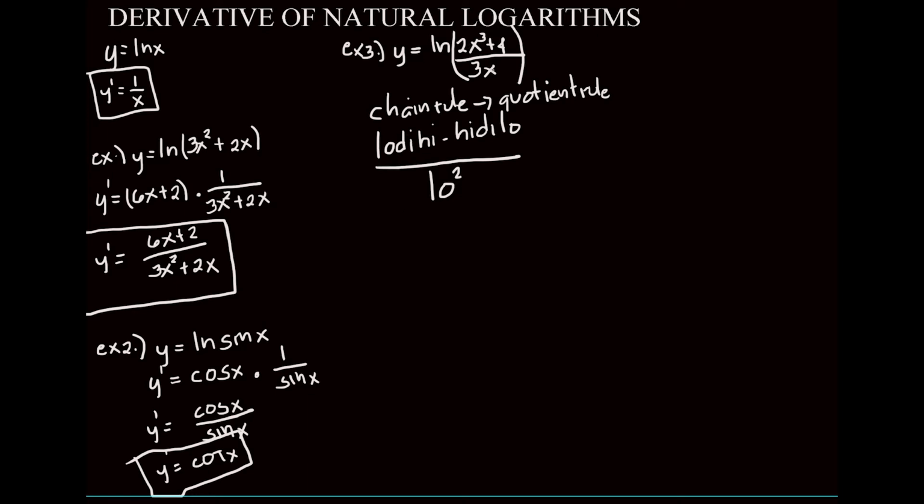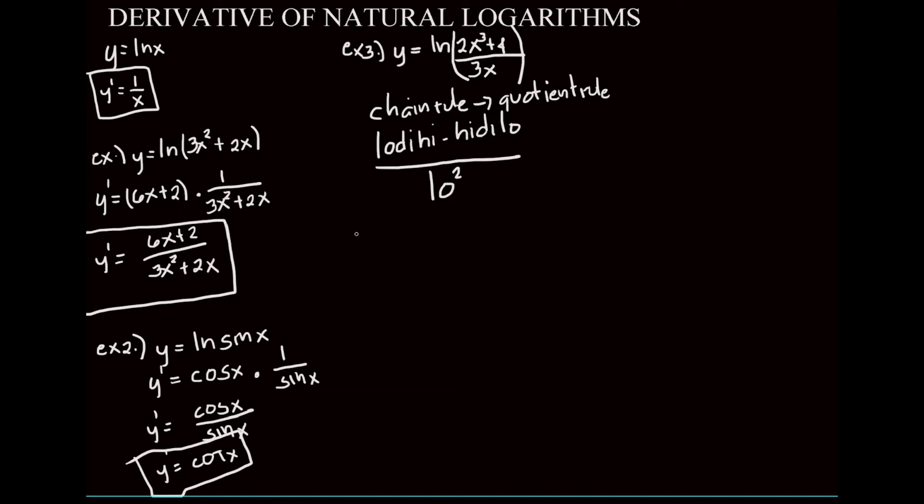Low, that's your denominator, multiplied by the derivative of your numerator, low d high, minus high, that's 2x cubed plus 4, multiplied by the derivative of our low, the 3x, all over the square of our denominator. So you have low d high minus high d low over low squared. Again, guys, that's just our quotient rule.